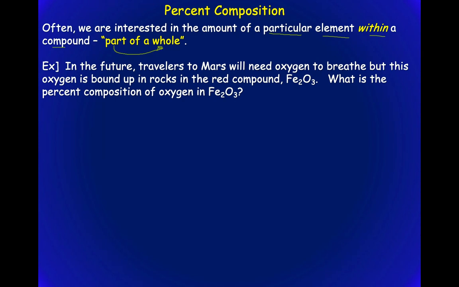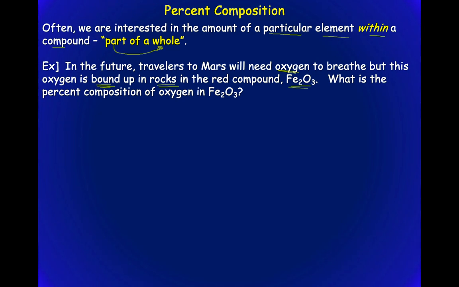That's really important. As an example, let's say in the future, travelers to Mars will definitely need oxygen. We know that Mars doesn't have much of an atmosphere, so in order for us to live on Mars, we would have to create an atmosphere that has oxygen in it. But the oxygen on Mars is pretty much all bound up in rocks, in rust.